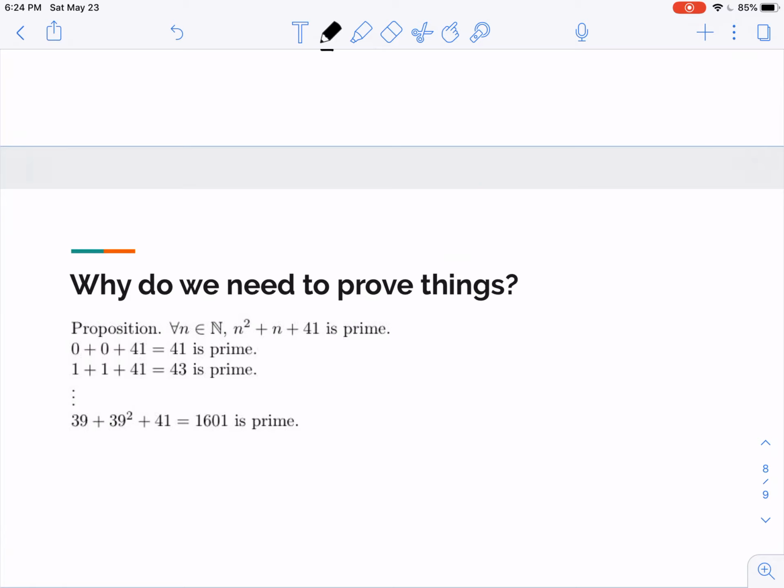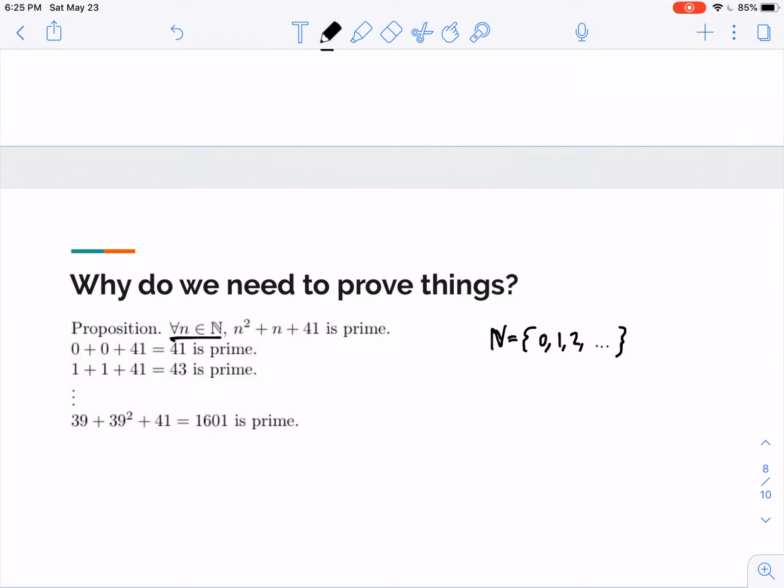So let's say our proposition is for any n in the natural numbers, and so let's define the natural numbers. The natural numbers is equal to all the integers that are non-negative, so 0, 1, 2, and so on. Sometimes people define the natural numbers as without 0, but we'll define it with 0.